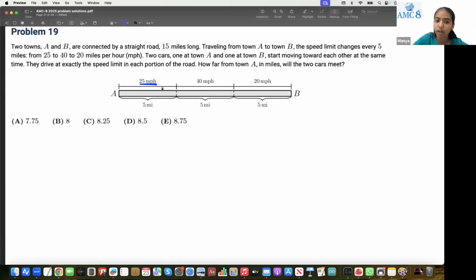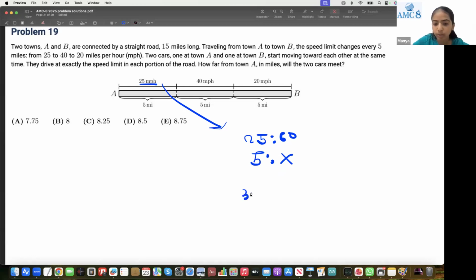so this is 25 miles per hour. As you travel 5 miles, how much time will it take? So 25 miles can be traveled in 60 minutes. We can travel 5 miles in x number of minutes. So we can just cross multiply.